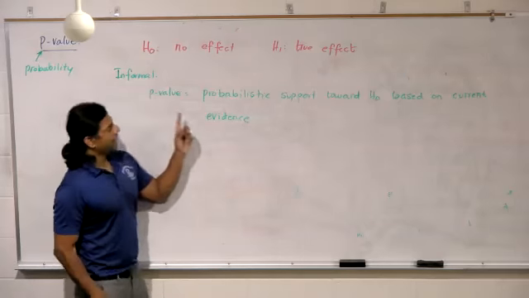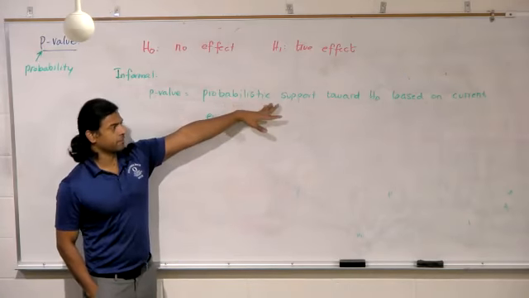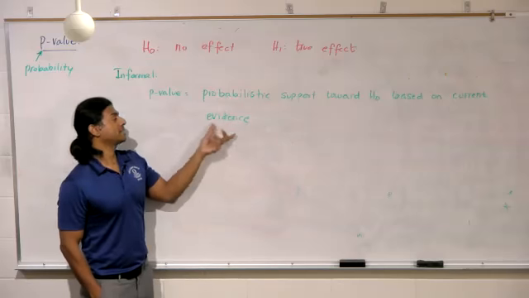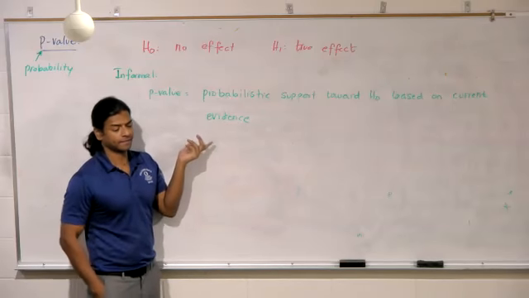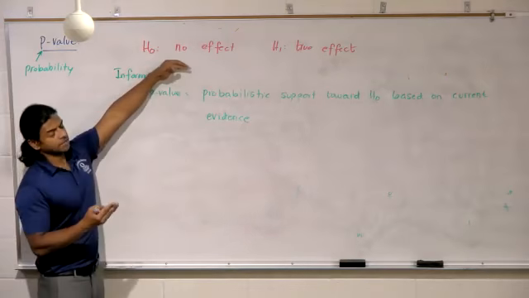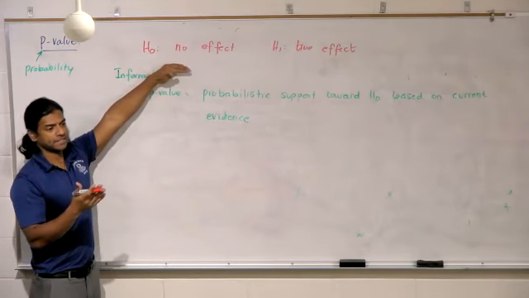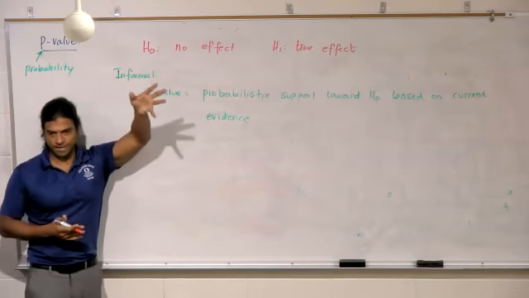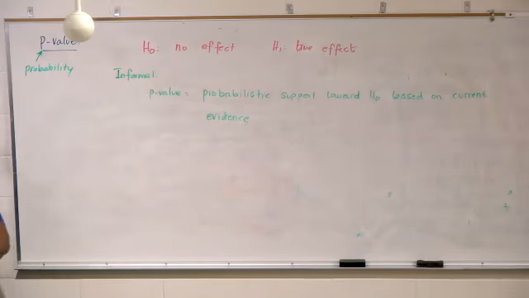So p-value is the probabilistic support toward the null based on current evidence. Current evidence would simply be your sample. How much support do you have toward the null hypothesis? The conclusion of a statistical test from last time is one of two things: we either reject the null or we do not reject the null.